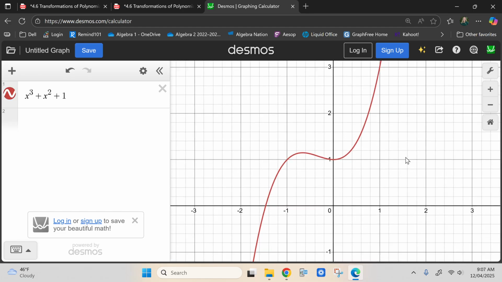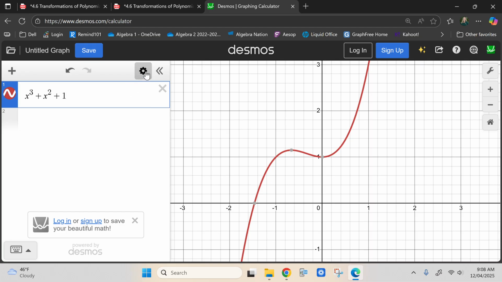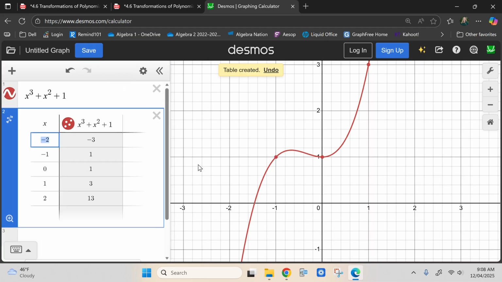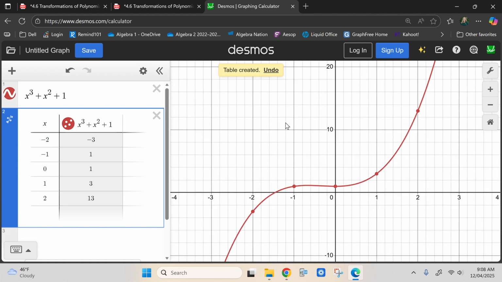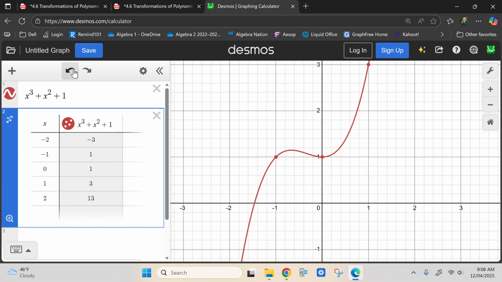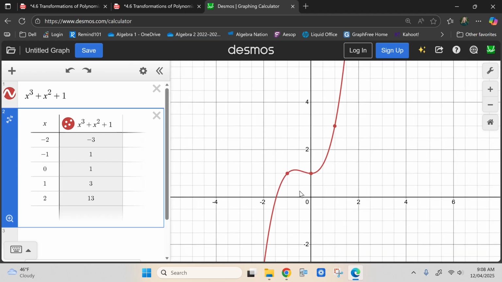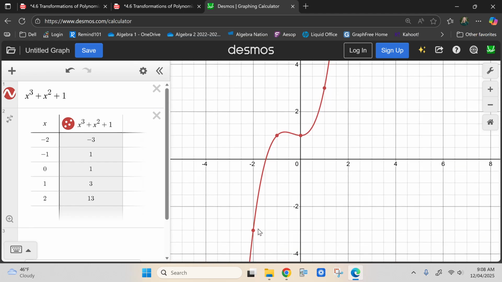I'm going to build a table to get some more points. There we go. Those are nicer. All right, so I have the points. I'm going to plot these. Let's go back. I like this better. It's actually at 4. We have -2, -3.